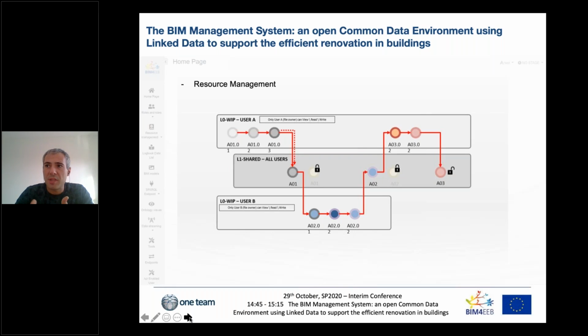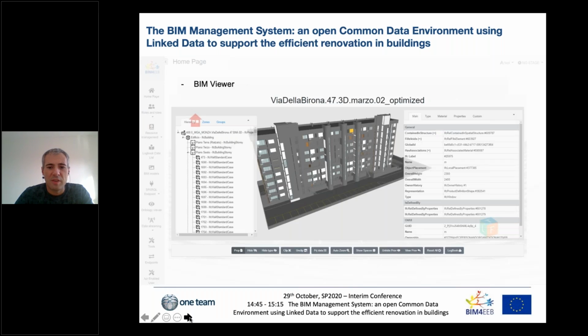At the same time, we have developed the CDE taking into account all the things that are involved in the standards, which at this time for BIM is the ISO 19650, about the status of the resources, how these resources can be changed or shared or published between the different stakeholders.